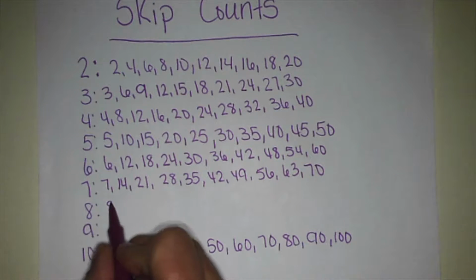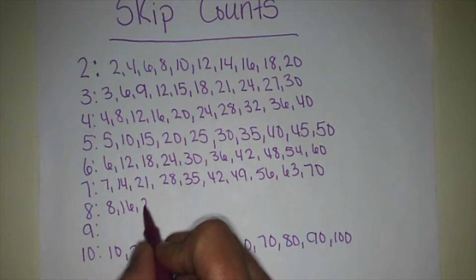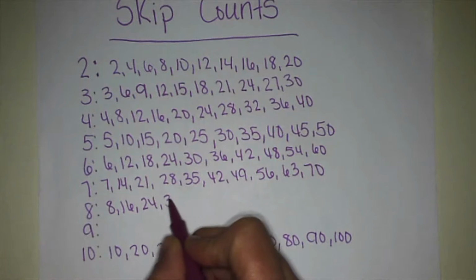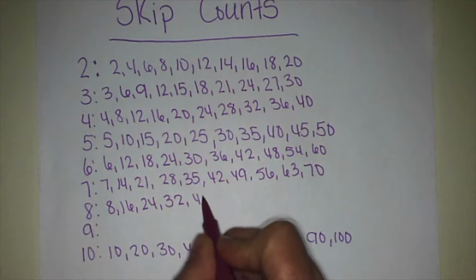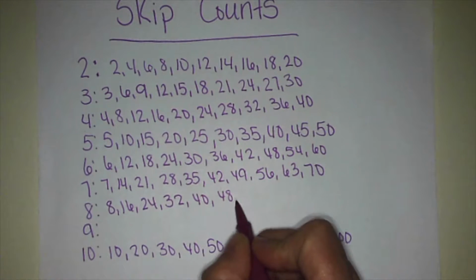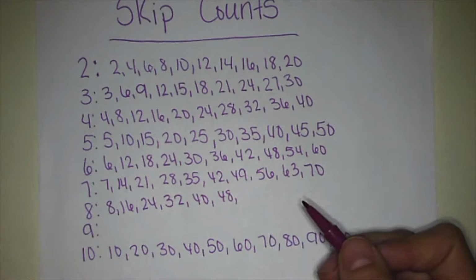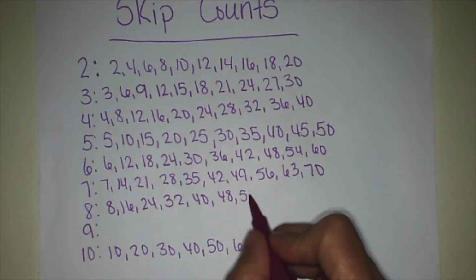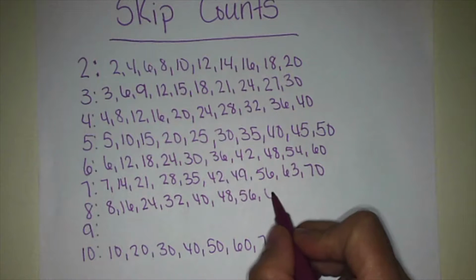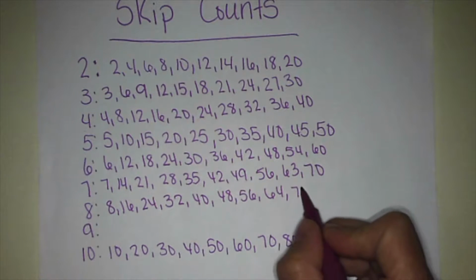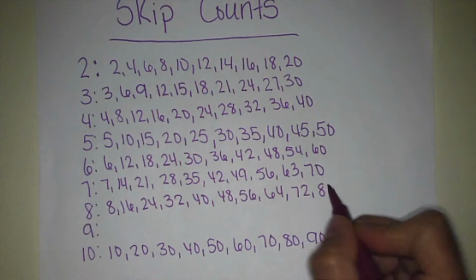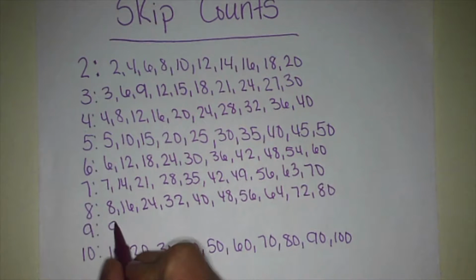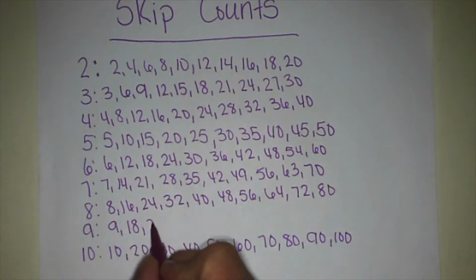And the 8 skip count is 8, 16, 24, 32, 40, 48, 48 plus 8 is 56, 64, 72, and 80, and then we're going to do 9.